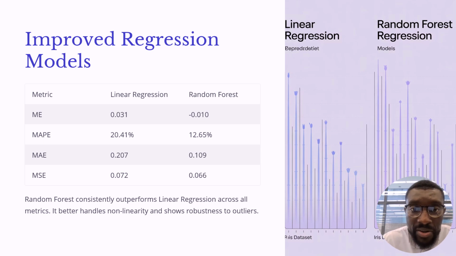As you can see, comparing linear regression and random forest, the random forest consistently outperforms the linear regression across all the metrics. It handles the non-linear aspects of the data set and shows robustness to outliers.